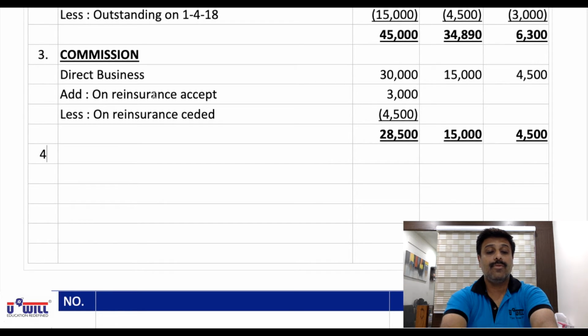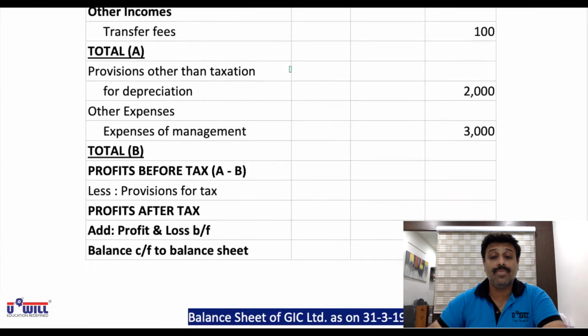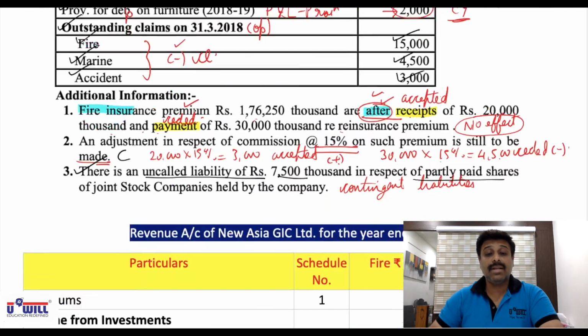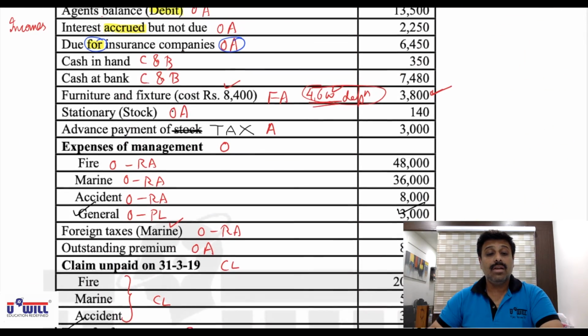Now the fourth item would be operating expenses. All the items marked as O will be taken into consideration. So which are the items marked as O? Operating expenses.